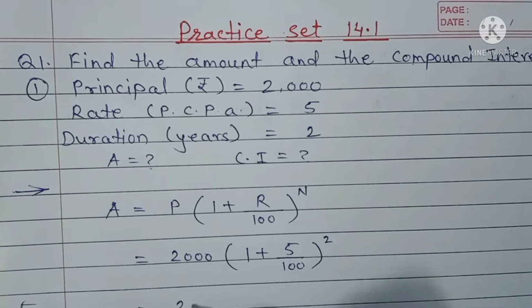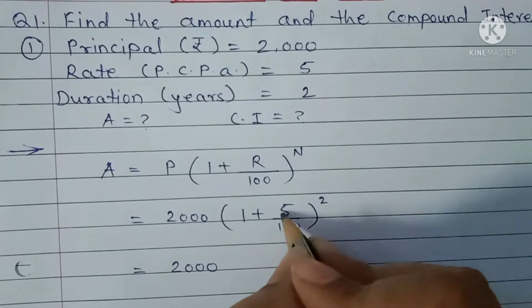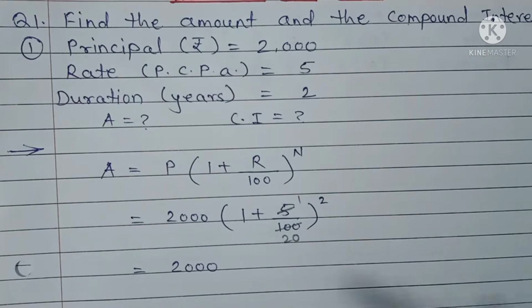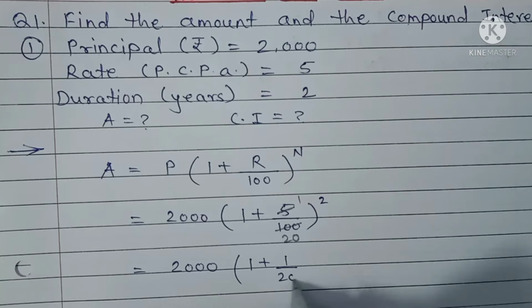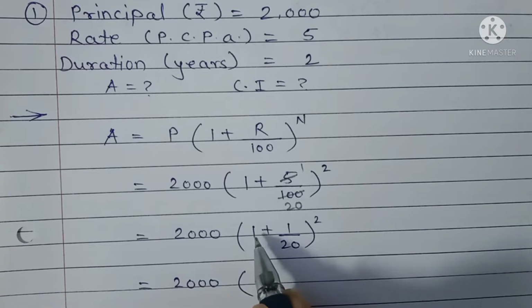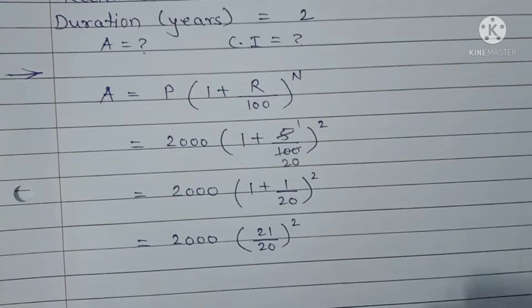Here this 2000 as it is. 5 ones are 5, 5 twos are 10 and this 0 as it is. Means 2000 into bracket 1 plus 1 upon 20 bracket square. 20 multiplied by 1 is 20, 20 plus 1 is 21, means here 21 upon this 20 bracket square.